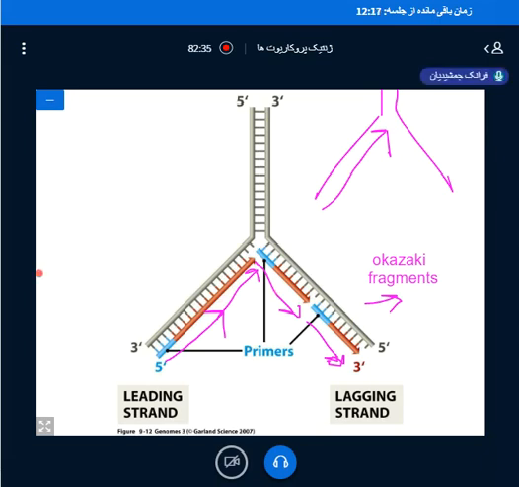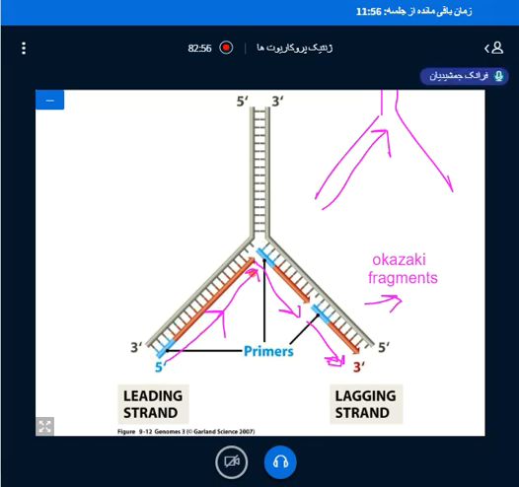Okay, thank you. So, the direction of leading strand replication and the replication fork is the same. Listen again.